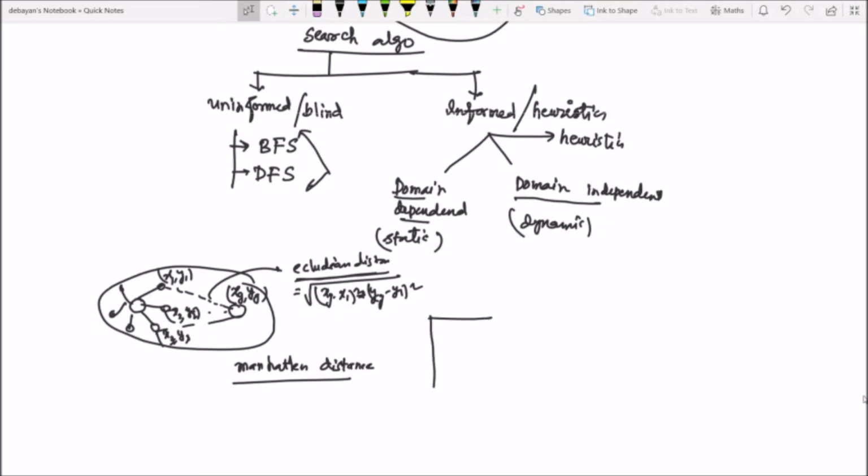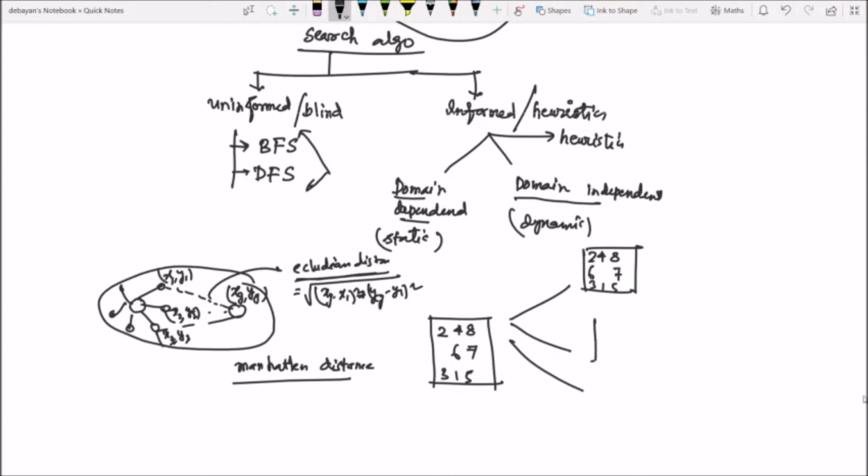Say this is the current position of the puzzle. There are several ways to move in the next step: it may be that with 2 4 8, 6 can be moved into the blank space, or there is the possibility that 3 can be moved into that position.